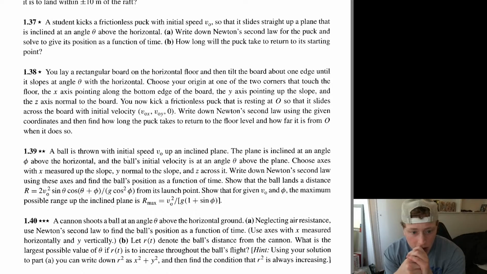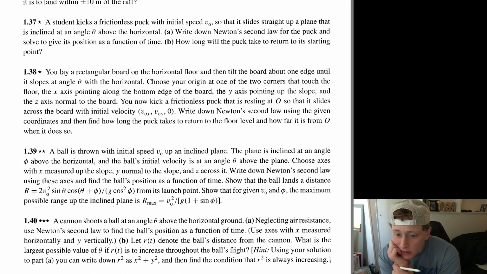Oh, okay. And the z-axis normal to the board. You now kick a frictionless puck that is resting at O, so that it slides across the board with initial velocity v-naught. Write down Newton's second law using the given coordinates and then find how long the puck takes to return to the floor level and how far it is from the origin when it does so.